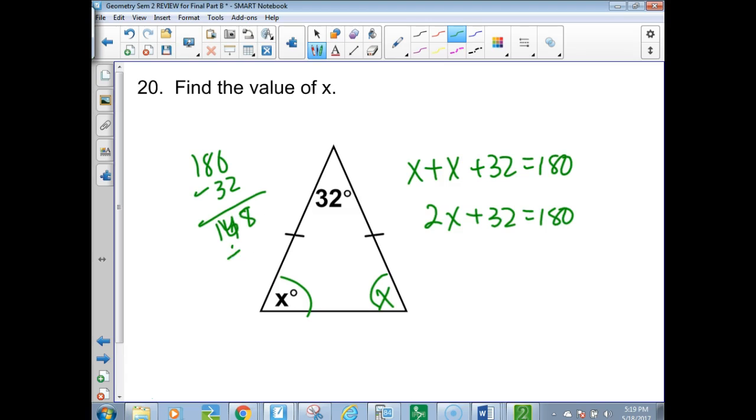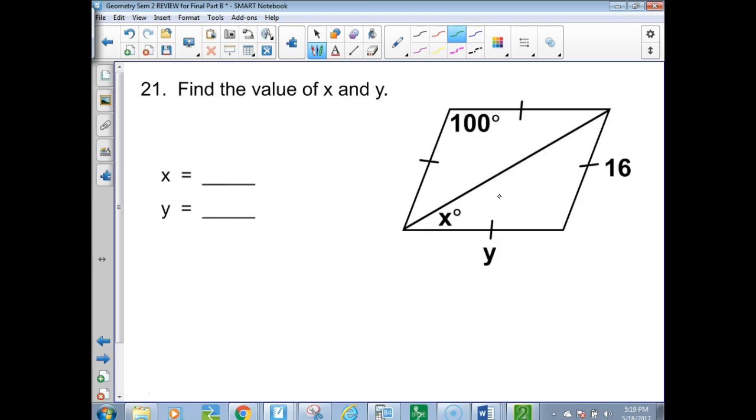My writing is awful. I need to divide 148 by 2 to find each of those. All right, so they should be 74 apiece, regardless of how we approach it.